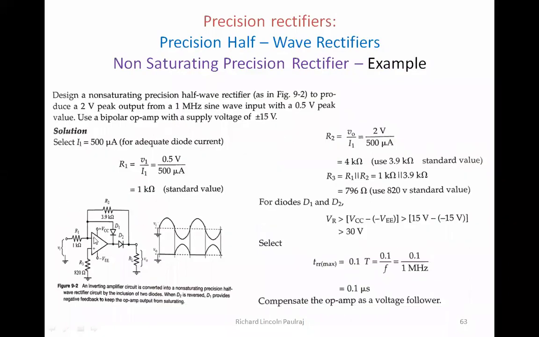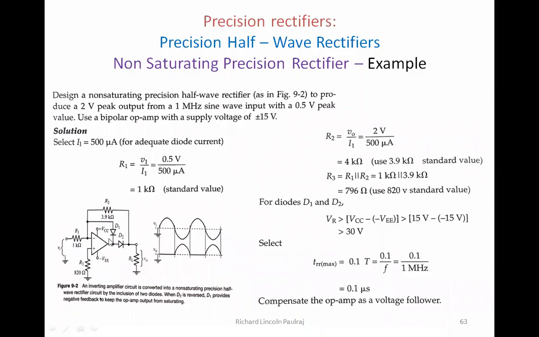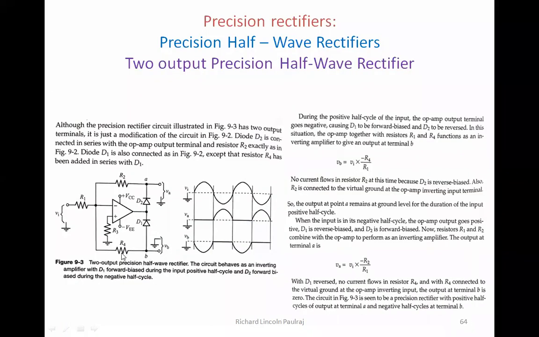I have R2 at positive terminal. Only thing is, we don't have an RL here, so instead of RL, I'm using R4. So that's about it. So it is a modification. Diode D2 is connected in series with the op-amp output terminal.